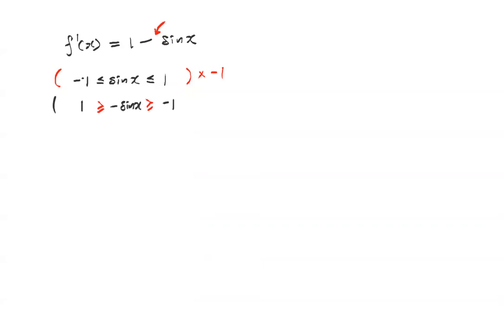So I plus everything by 1 because there is a 1 here. Correct? So now my f prime x, which is 1 minus sin x, highest 2, lowest 0.